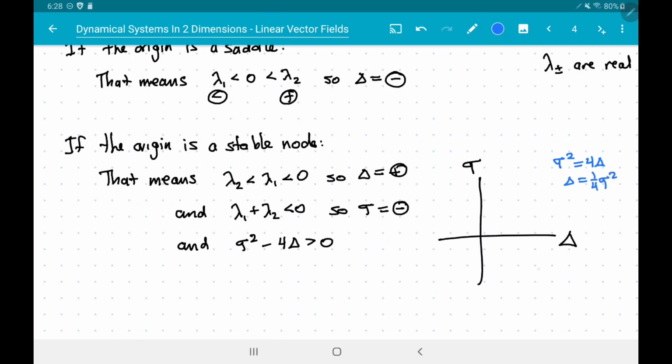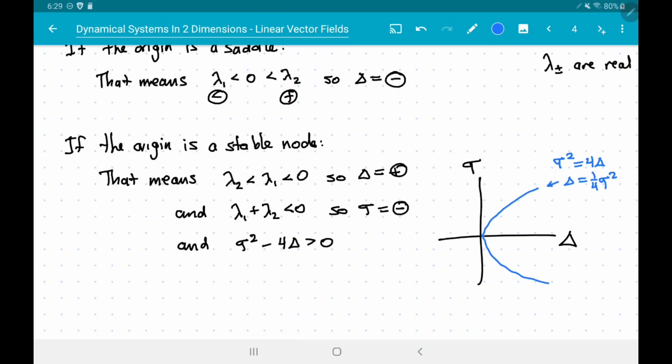That will be a parabola like this. So you have to think of delta as being a dependent variable and tau as being independent, and sketching this curve.